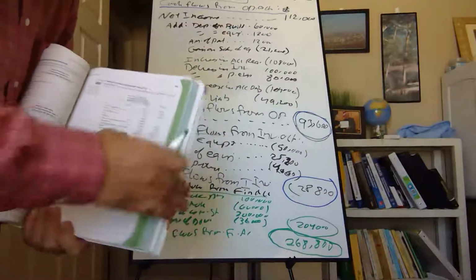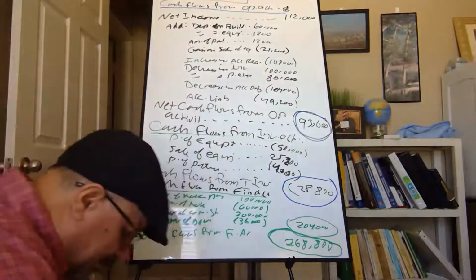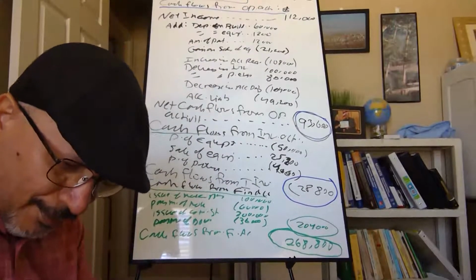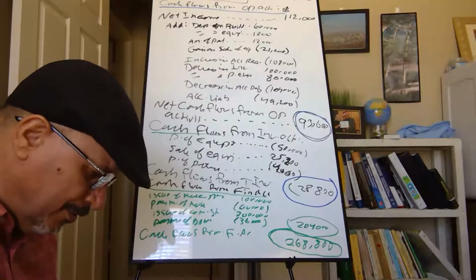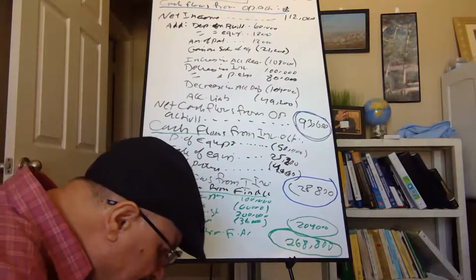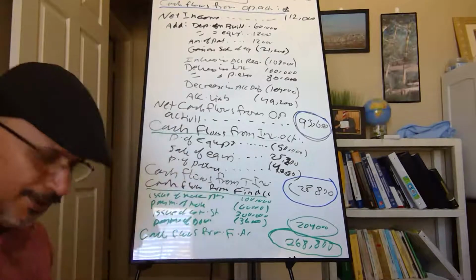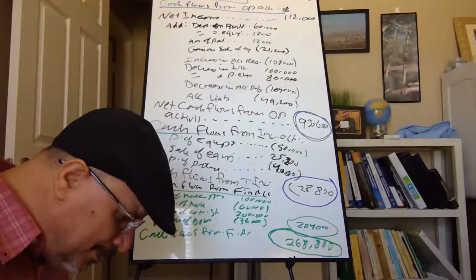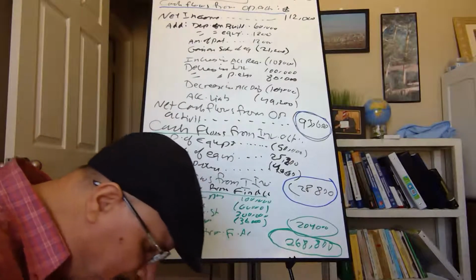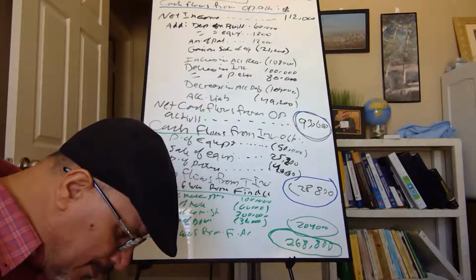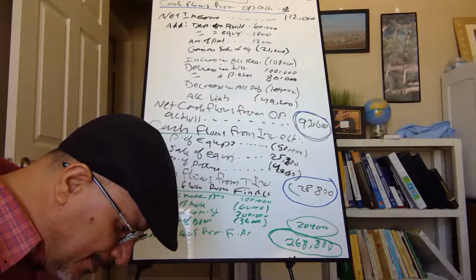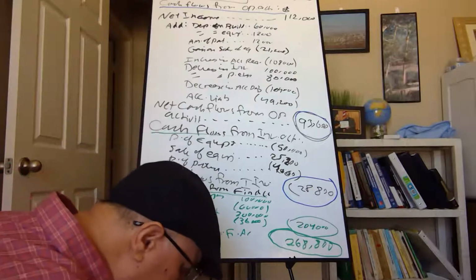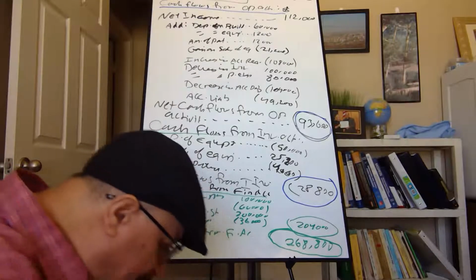So let's see. Okay, 378,240. That's the ending balance of cash for 2014. 378,240 minus the beginning, which is in 2013, 109,440.